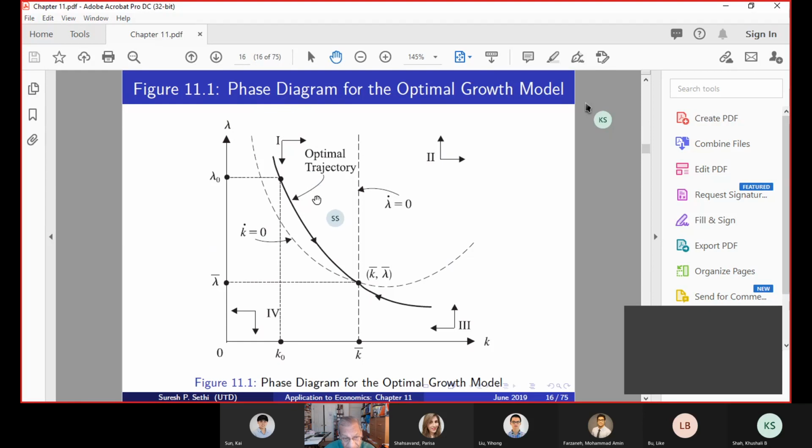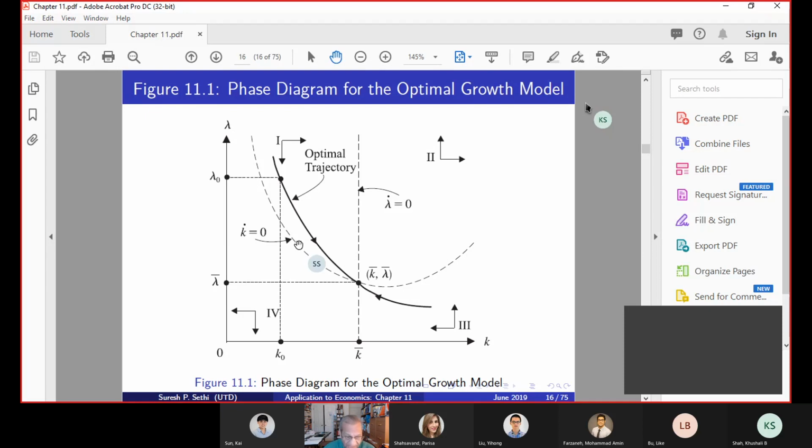You see that? Now if I choose this way, then what happens? I go like this, and I will eventually hit this line here. As soon as I hit this line, this one operates, and I will go like this. So if I start from here, my trajectory will go here, and then it will go there. So it's not going to converge. If I start here, then I will go like this, and I will hit this dotted line.